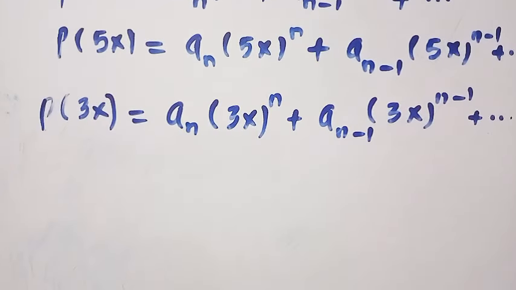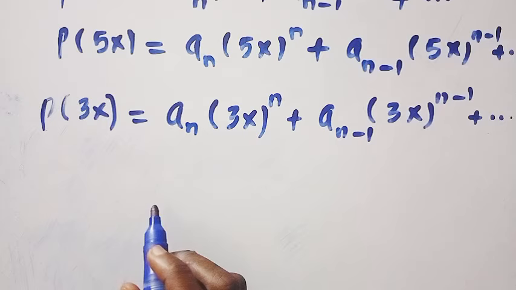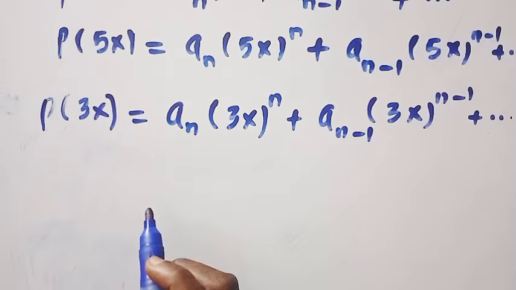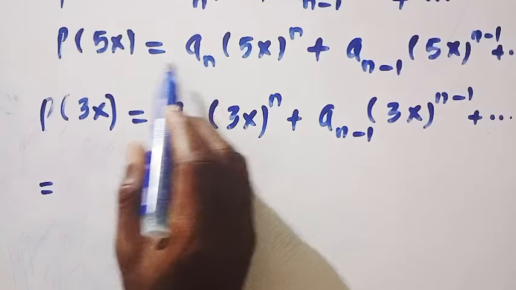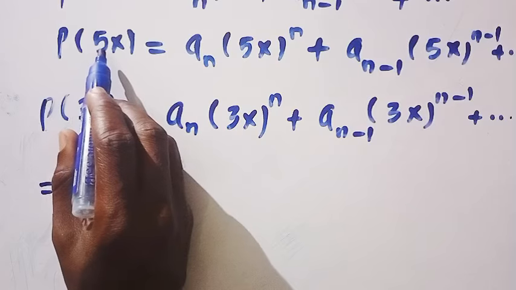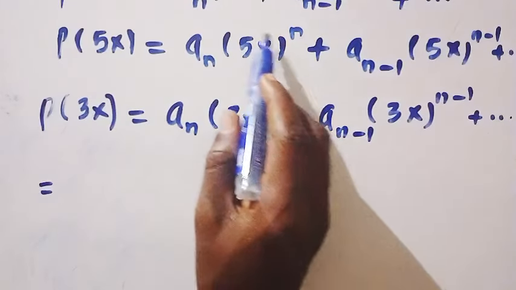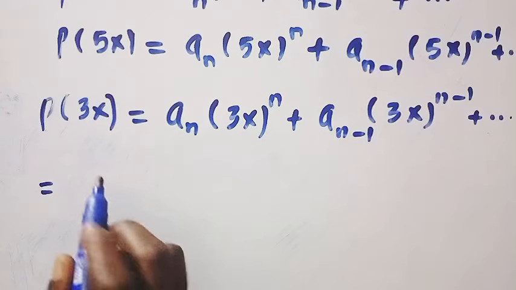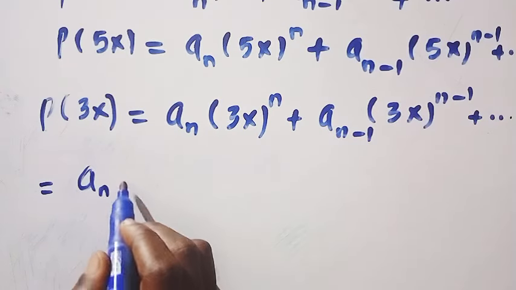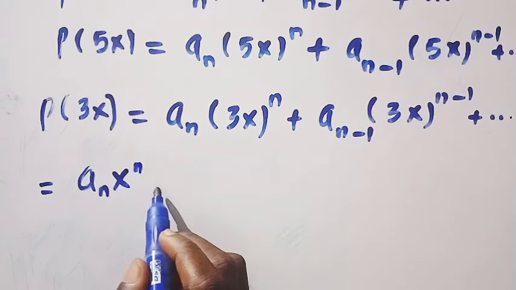By subtracting p of 3x from p of 5x, we look at the first term in each. What is common is a_n x raised to power n.